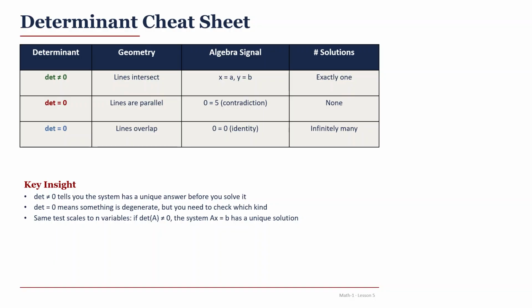The algebraic result is a contradiction, like 0 equals 5. There is no solution. When the determinant equals 0 and the system is consistent, the lines are identical. The algebraic result is an identity, like 0 equals 0. There are infinitely many solutions. The determinant is the single number that tells you which scenario you are in before you even finish solving.